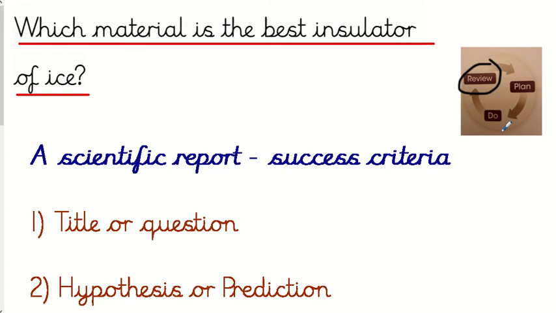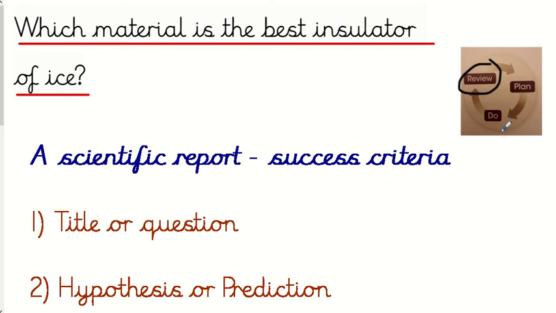So again, our question. Which material is the best insulator of ice? You're going to need to write a scientific report which shares your findings and explains to people which material is the best and how you know. Now, don't worry, I'm going to help you and I'm going to talk you through it step by step.